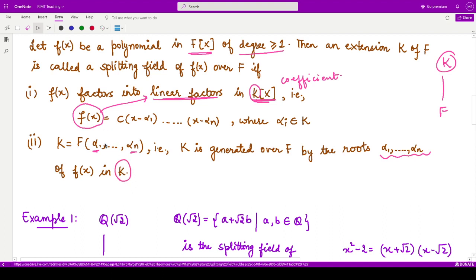We have to take care of these two things. One is the polynomial should have linear factors, and second, it should be adjoined with all the roots of that polynomial. So the extension field is the lower field adjoined with all the roots of that particular polynomial.